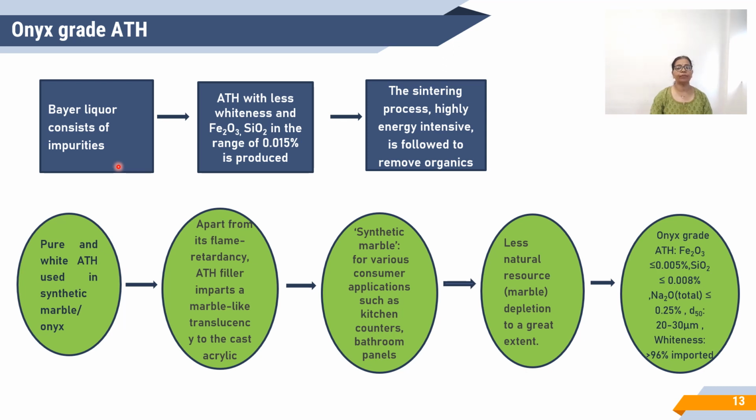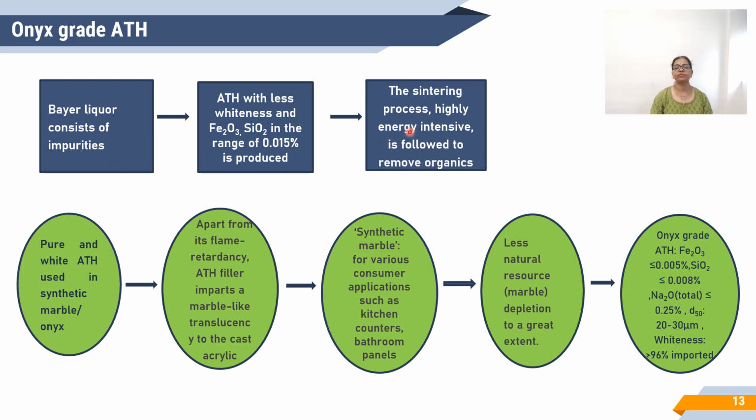As we have seen in the Bayer process, the bauxite contains organics which were formed into the bauxite over millions of years, along with other organic materials. That's why these impurities come into the Bayer liquor when they are treated with caustic soda solution at elevated temperatures, and they cannot be removed by a simple process.